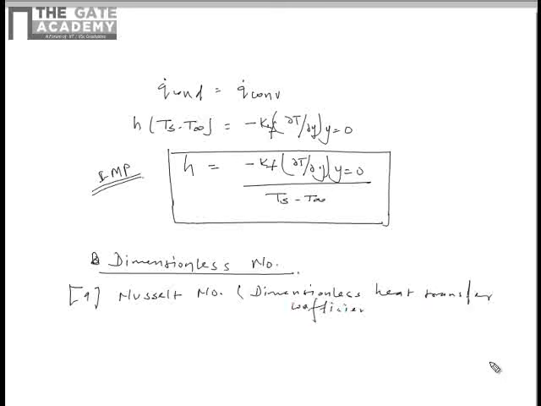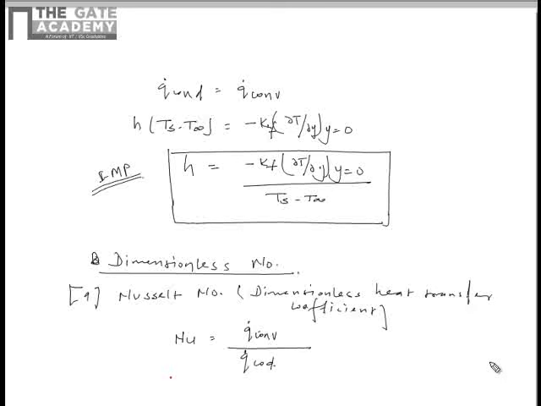So the Nusselt number Nu is defined as the rate of heat transfer due to convection upon the rate of heat transfer due to conduction.